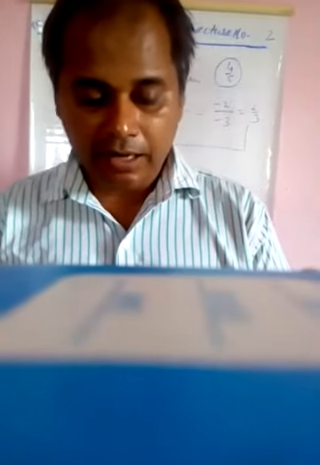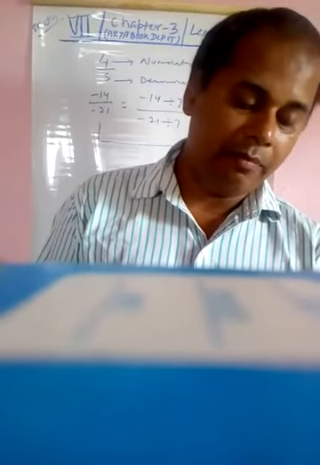If a rational number has a negative denominator, multiply both numerator and denominator with minus 1 to make the denominator positive.